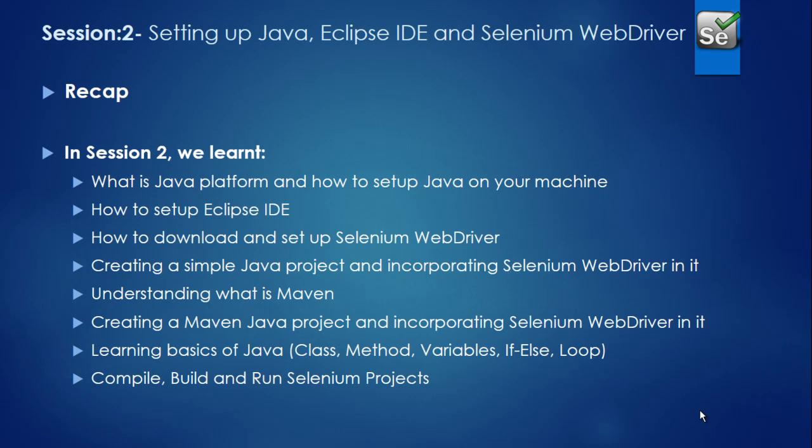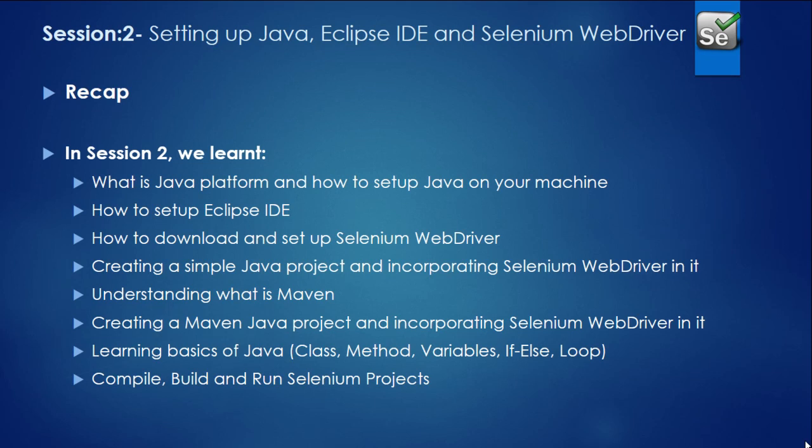Next, we had a review of what Java is as a programming language. We covered a variety of topics within that session. And lastly, we created a simple Java project and incorporated Selenium WebDriver in it, and then took an overview of what Maven is, and then created a Maven Java project and incorporated Selenium WebDriver in it.